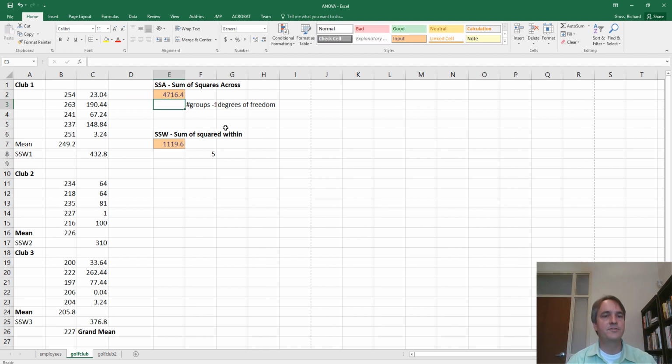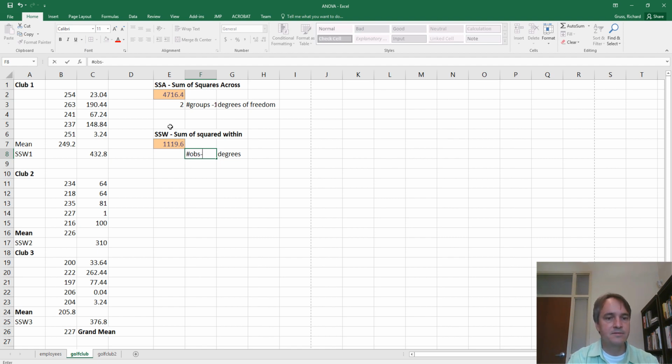So our degrees of freedom for the sum of squares across, in our case, we've got 3 clubs, so it's 3 minus 1, which is 2. In this case then, our degrees of freedom for the sum of squares within is not going to be the number of observations, but the complete total overall number of observations, which in our case is 15.